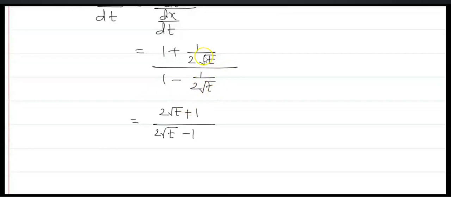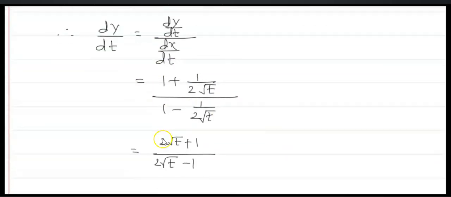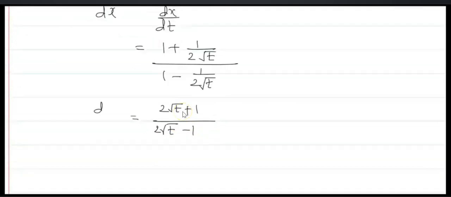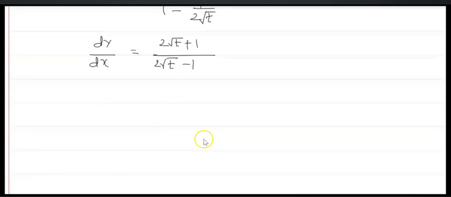Now simplify this. 1 into 2 root t is 2 root t, plus 1, upon 2 root t minus 1.